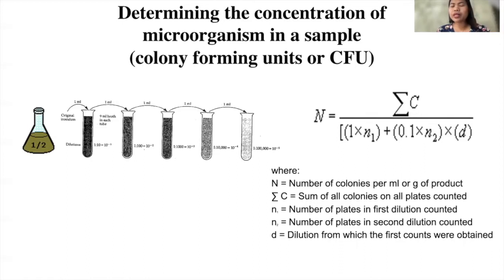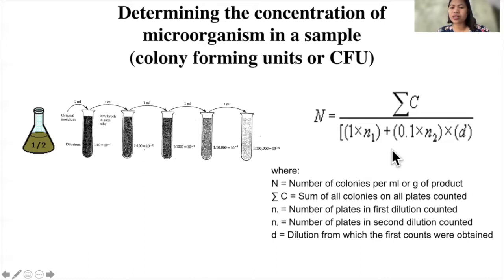So the formula in doing that, or in determining the CFU, is this one. So N equals the summation of C, in which N represents the number of colonies per ml or gram of product. Summation of C is the sum of all the colonies on all plates counted. And then N1 here refers to the number of plates in the first dilution counted.